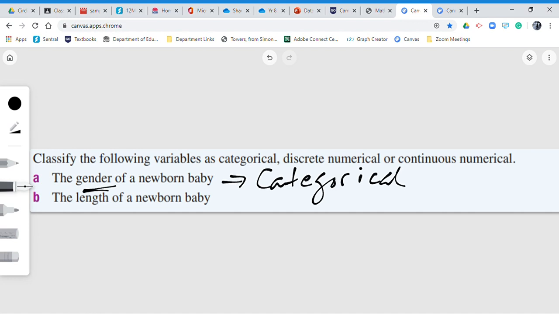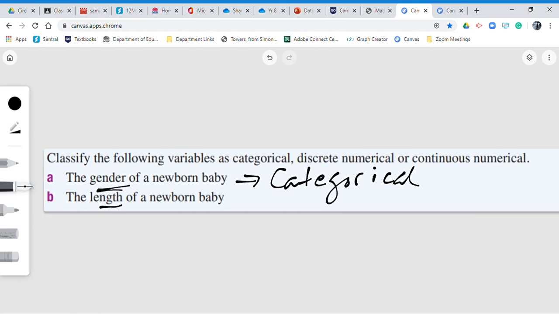If you talk about the length of a newborn baby, so now we're talking about something we can measure with a number, so it's definitely going to be numerical. We need to figure out whether it's discrete or continuous. Now, discrete usually is a really a whole number value. It can represent specific things.